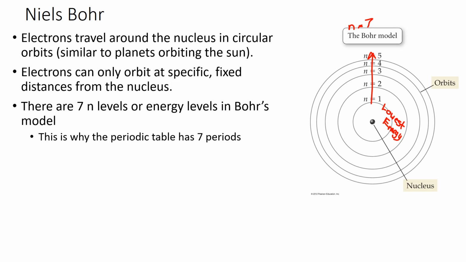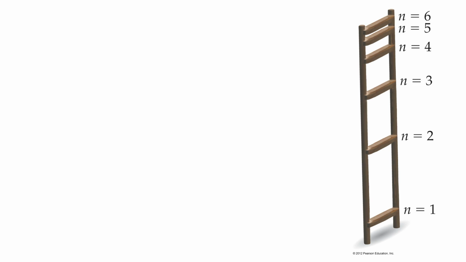You can also look at this like a ladder and notice that the rungs are not equal. They're spaced out. So again, it's a greater energy jump to go from N1 to N2, and then from N2 to N3, and so on. So the further you are away from the nucleus, the more energy you have, but the less energy it takes to go up one level.